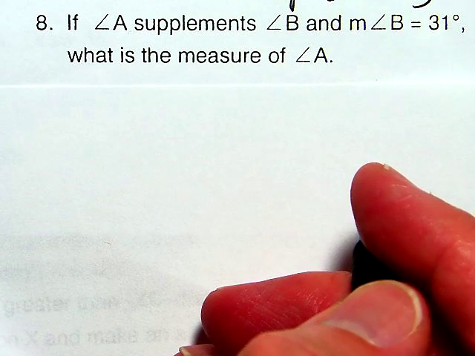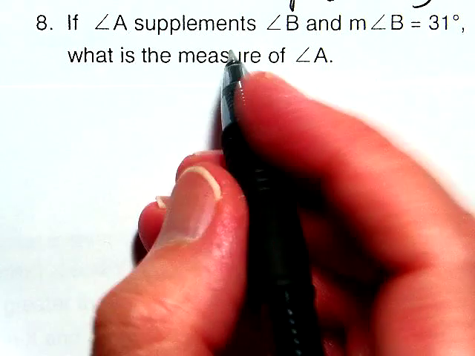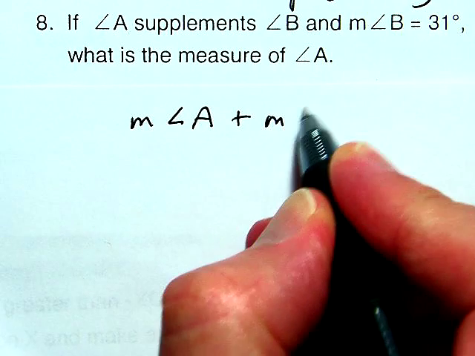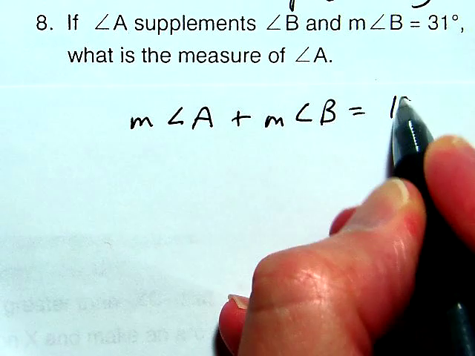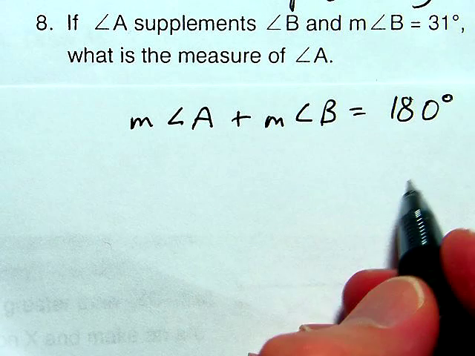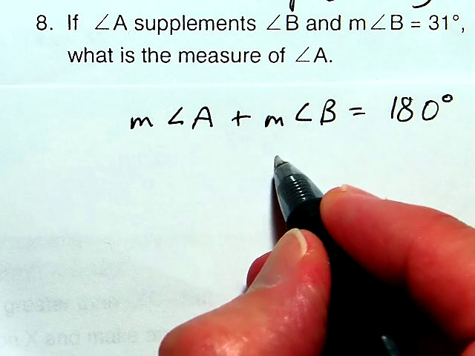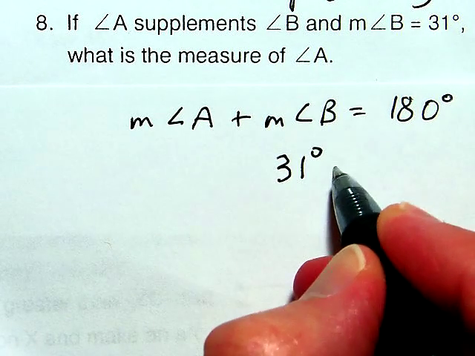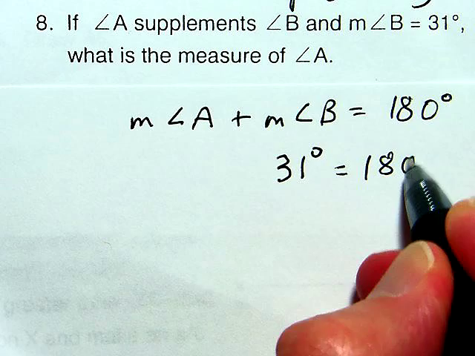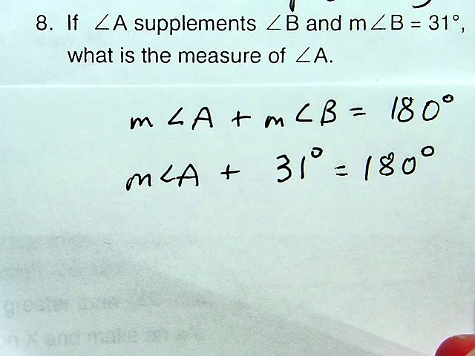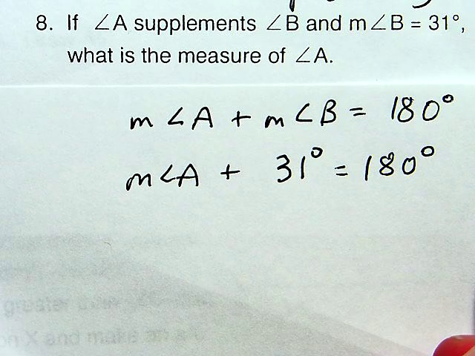Well, A supplements B is another way of saying that the measure of angle A plus the measure of angle B equals 180 degrees. And we're given that the measure of angle B is 31 degrees. So we could put that instead of measure of angle B, and then we have this equation we have to solve. The measure of angle A plus 31 degrees is equal to 180 degrees.